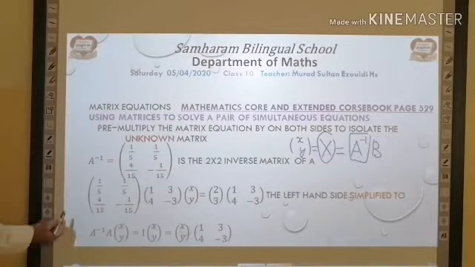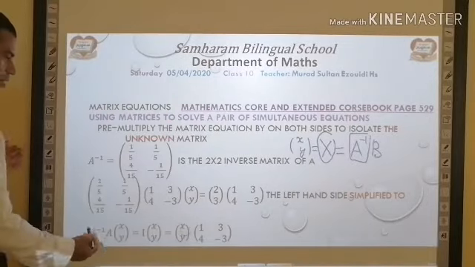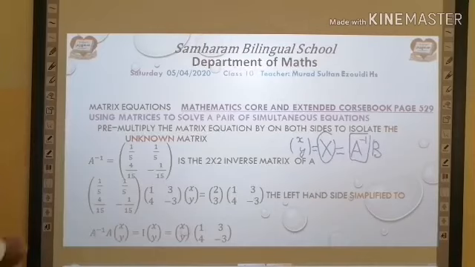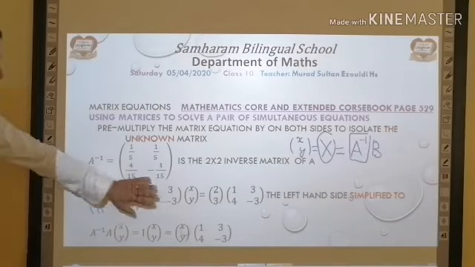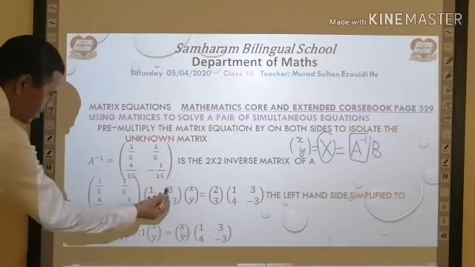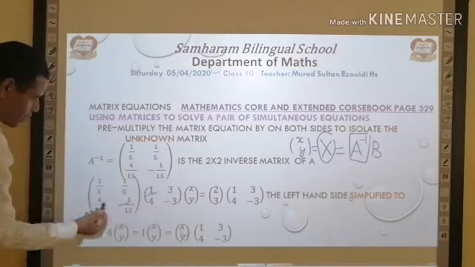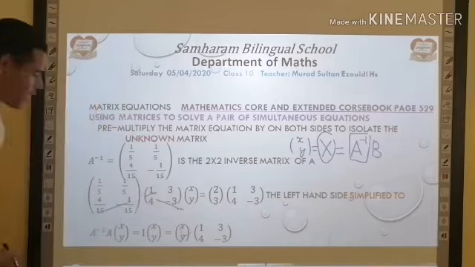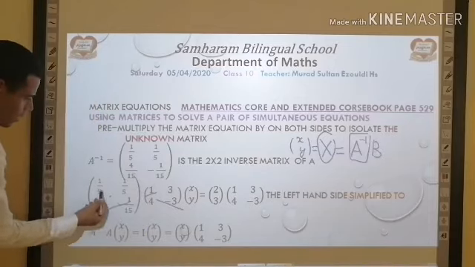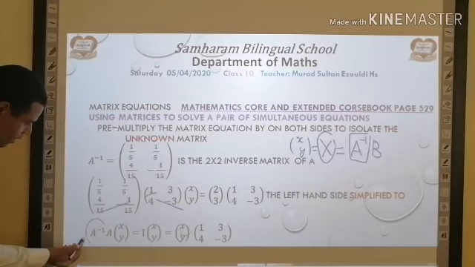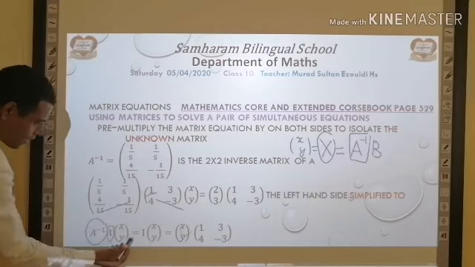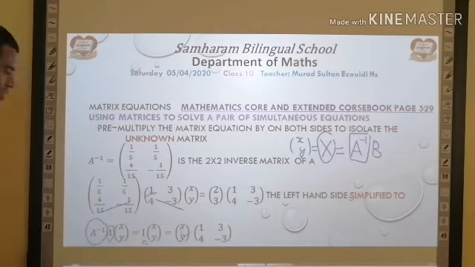Okay? So, you will multiply the right hand side and left hand side by the inverse of the matrix to isolate x. Okay? This one, it will disappear, my kids. This one, it will be written as identity. This is A negative 1 multiplied by A, in fact, is identity or unit matrix.